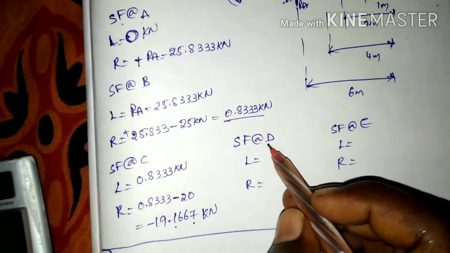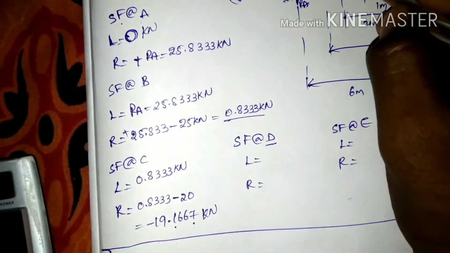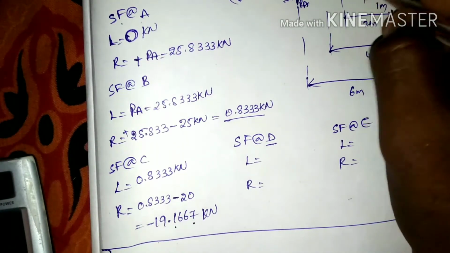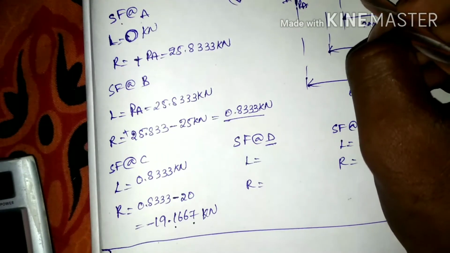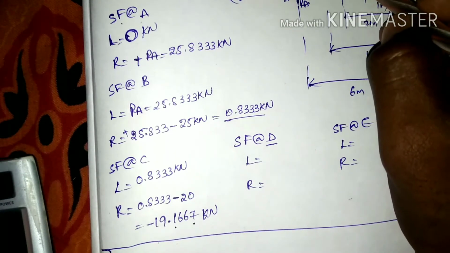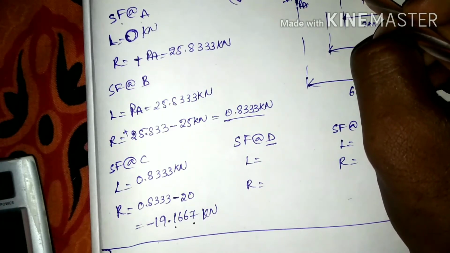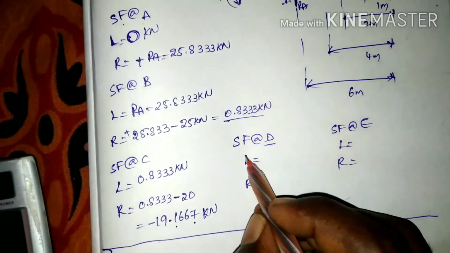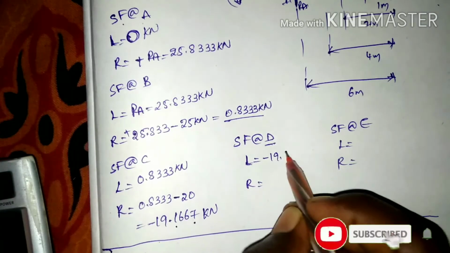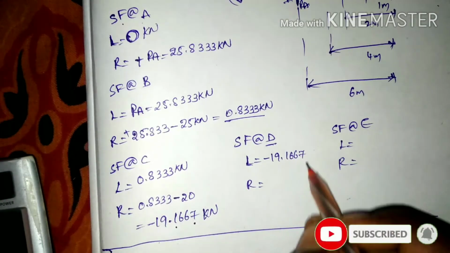And shear force at D, just left to the D, we are having minus 19.1667 kilonewtons.